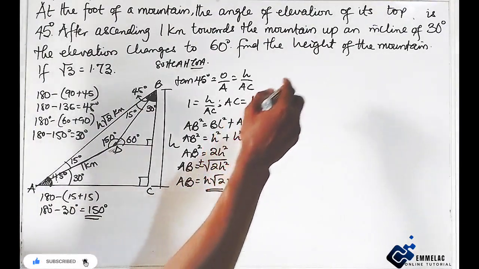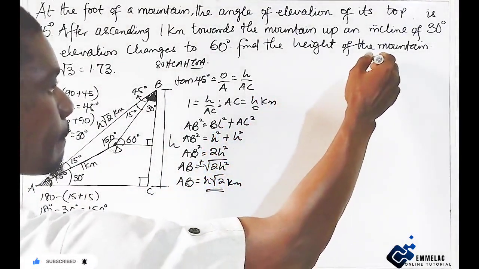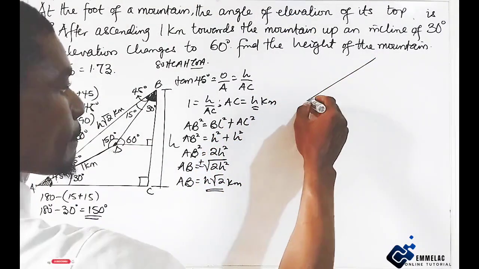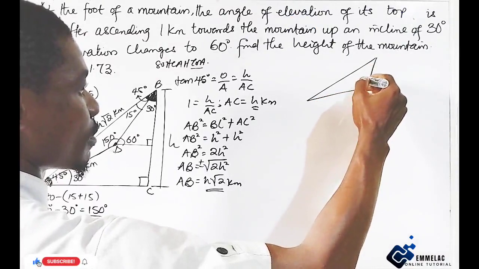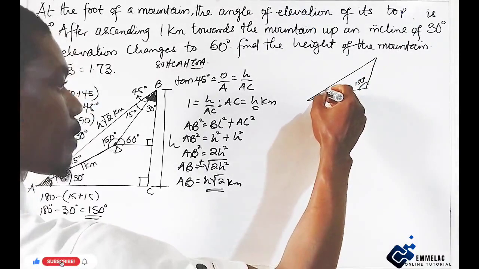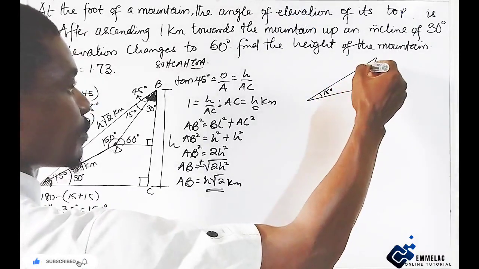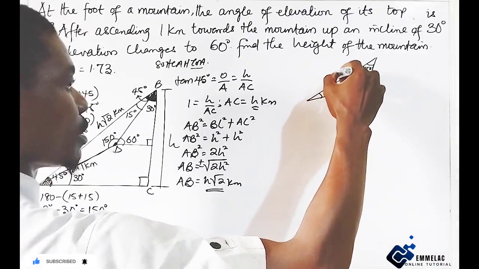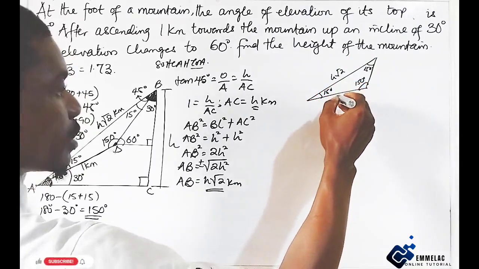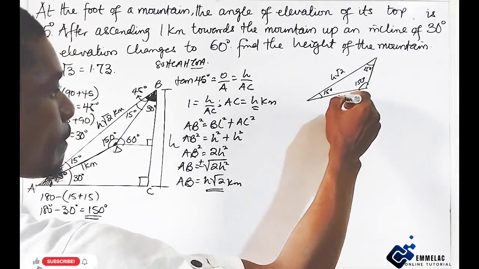This angle is 150, and these are 15 and 15, this side is h root 2, and here is 1 kilometer.